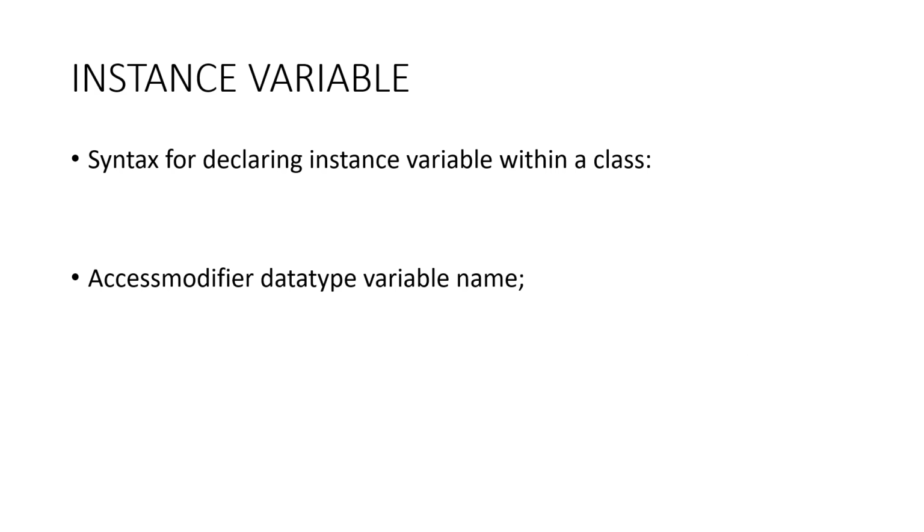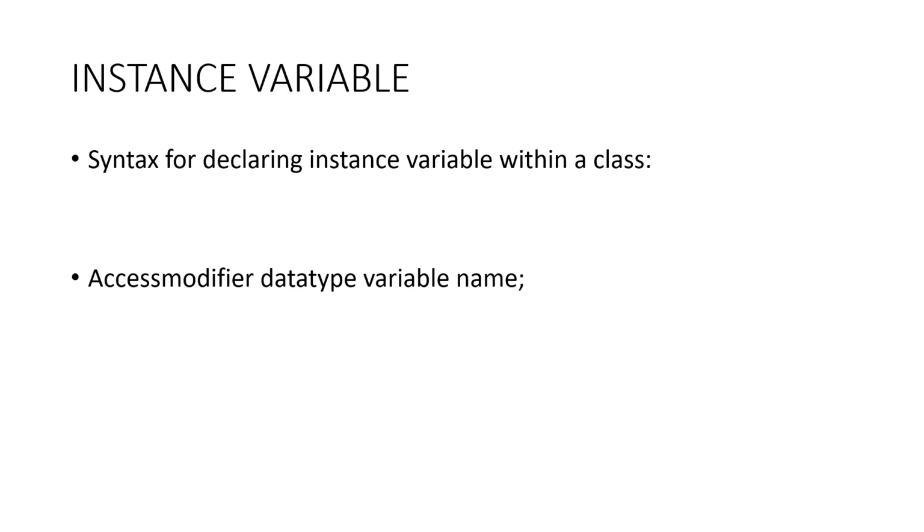Now, what is the syntax for declaring an instance variable within a class? Don't forget we said instance variables are the attributes of the class. We have the access modifier, the data type, and the variable name.